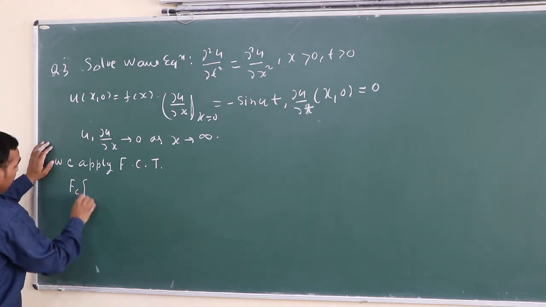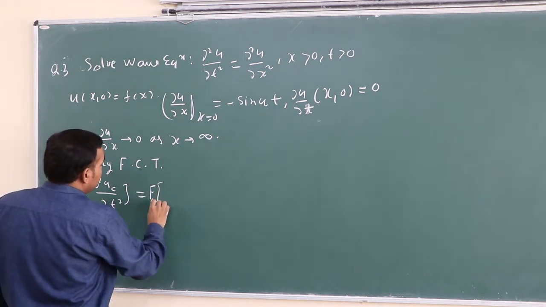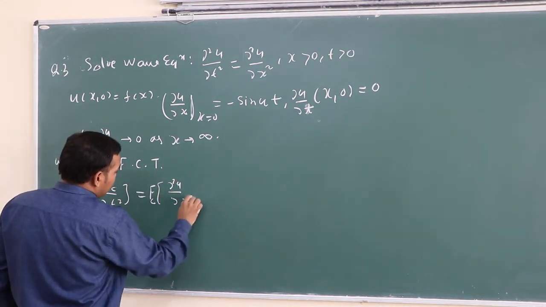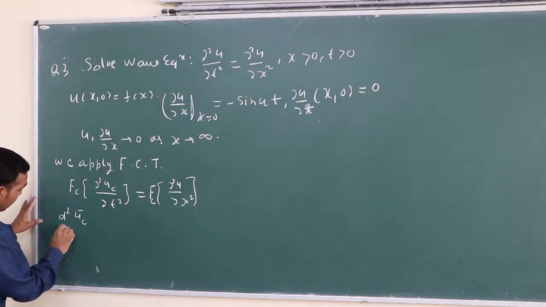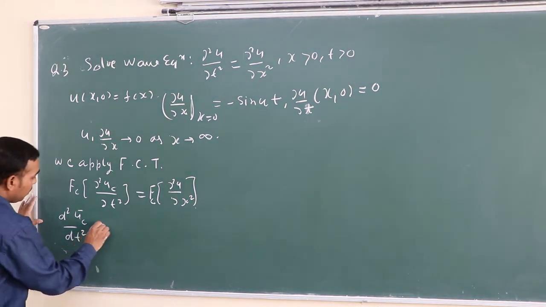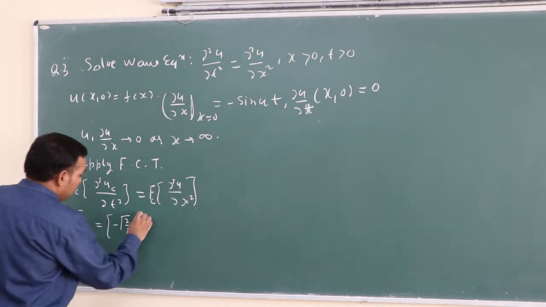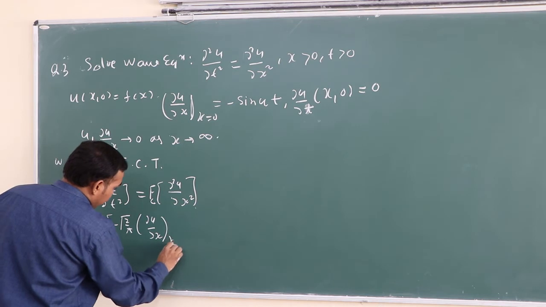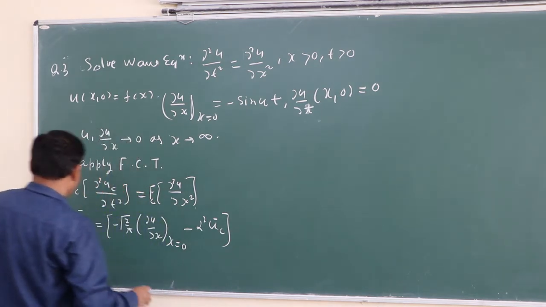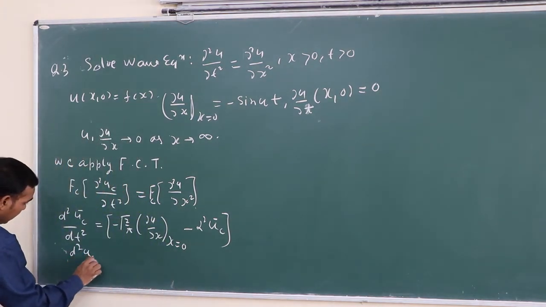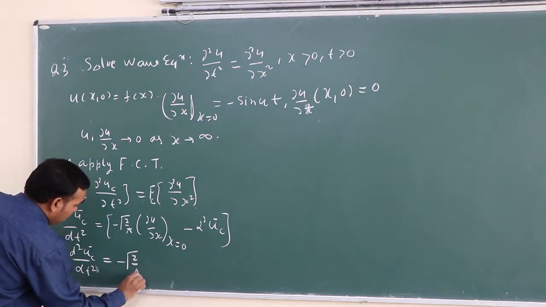Applying it to del square u gives d square u_c bar by dt square equal to minus under root 2 upon pi times del u upon del x at x equal to 0, minus alpha square u_c bar.